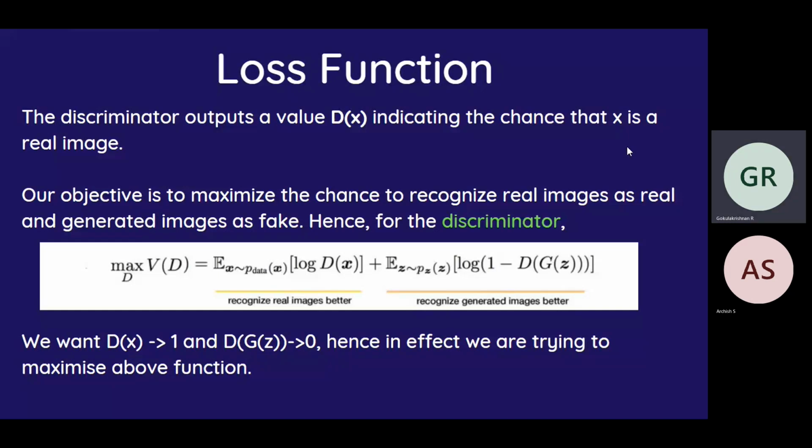If D of G of z is 1, the discriminator is identifying the fake image as real, so 1 minus 1 becomes 0, and log of 0 tends to minus infinity. So you want to maximize both terms of this expression. That's what's written here: max, and the D at the bottom represents with respect to the discriminator. For the discriminator, you need to maximize this whole expression. This is the loss function for the discriminator.